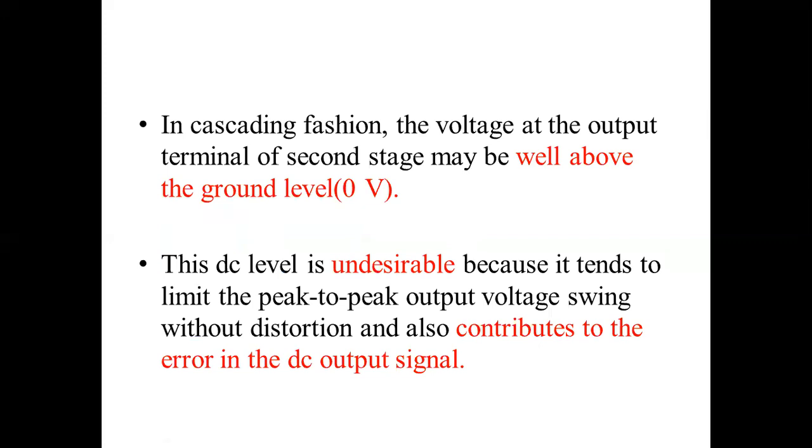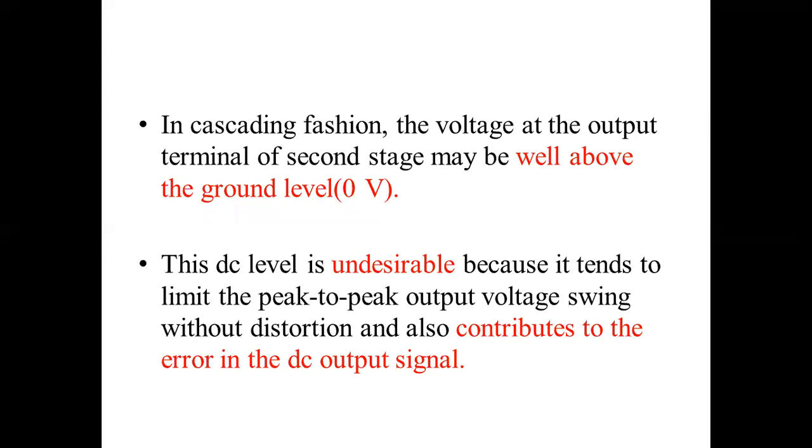I have just summarized it over here. In a cascading fashion, the voltage at the output terminal of the second stage may be well above the ground level, that is, above the DC level of 0 volt. This DC level is undesirable because it tends to limit the peak-to-peak output voltage swing without distortion, and also contributes towards error.